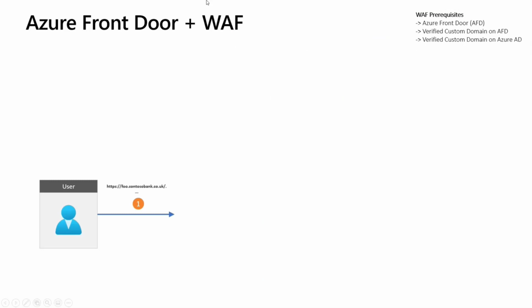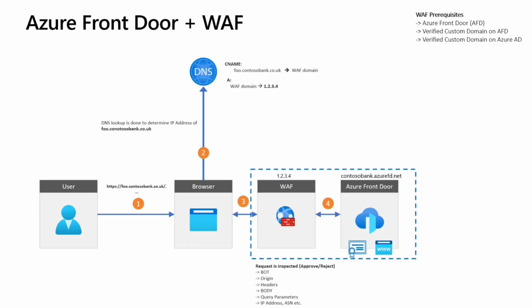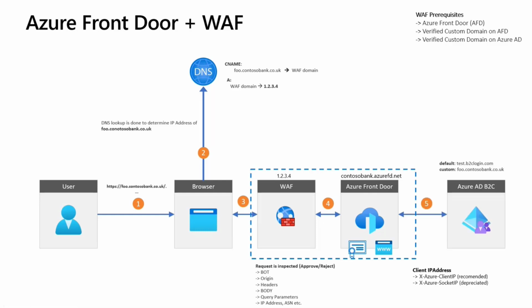And how this works is, the user goes via the browser in this case, says, hey, I want to log into Contoso Bank Co. UK. It does a lookup and it sees that, well, that maps to your Front Door deployment. So it's going to take care of it, do all its WAF checks, bot origins, header, body, query parameters, IP addresses, whatever you configure it to do, and then route it to the front door functionality that works with B2C.